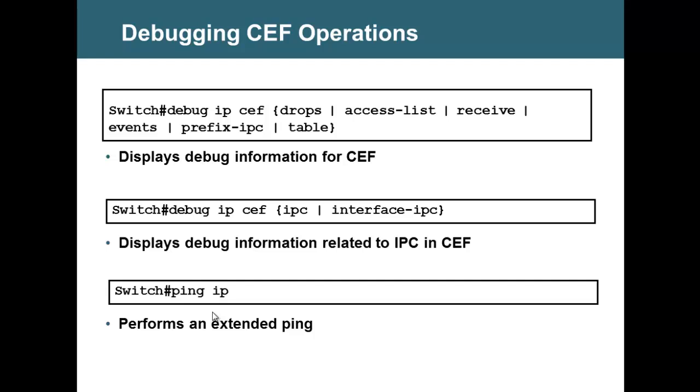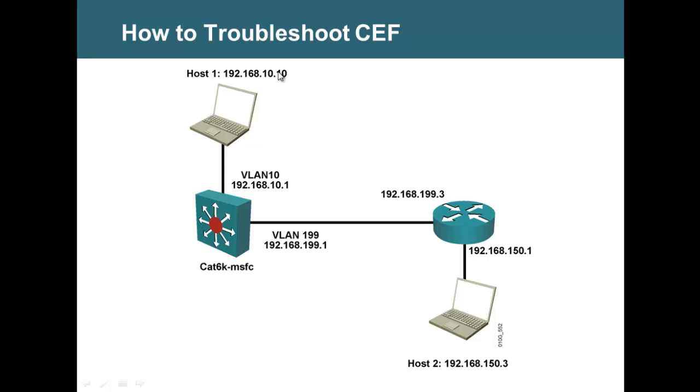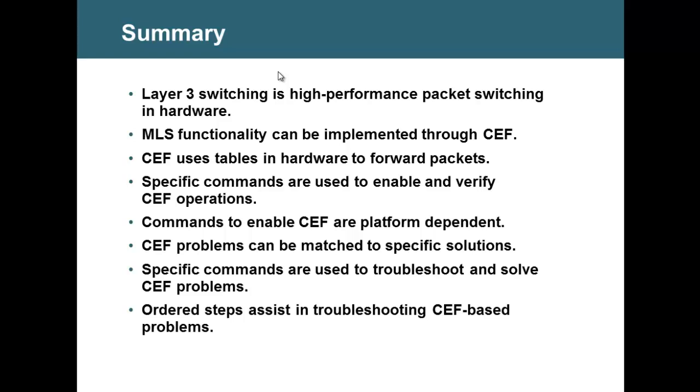Whenever you do a lab in your Packet Tracer or in your GNS3, show ip cef. You don't need to enable it, it is already enabled. You will learn a lot there. Alright, if you want to debug CEF, you can say debug ip cef. Not necessary, right?